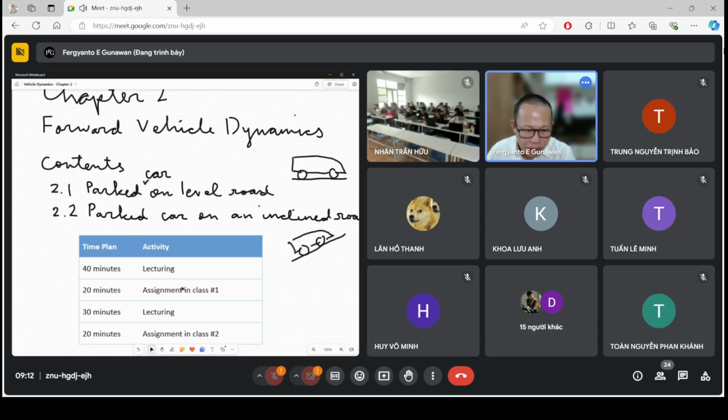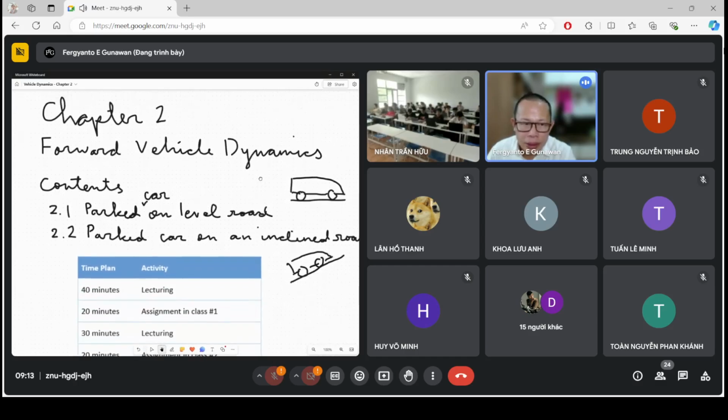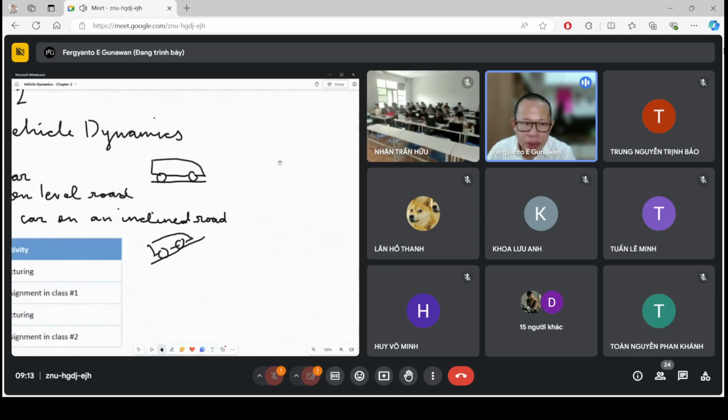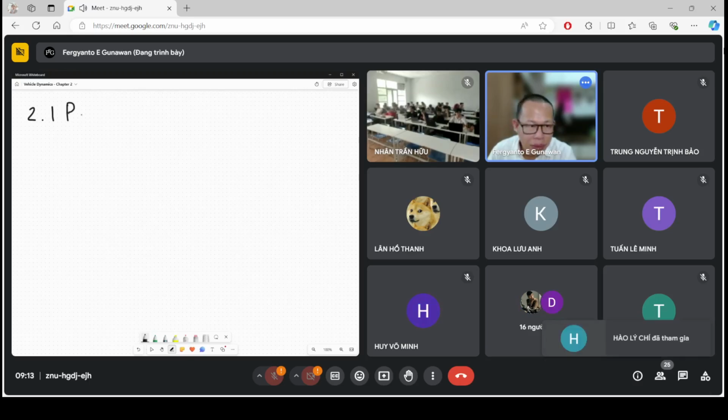It's a very simple thing, and let's start with the first topic. It's much easier for me if I move this way. Okay, so we start with 2.1 here, and 2.1 is a parked car on a level road.